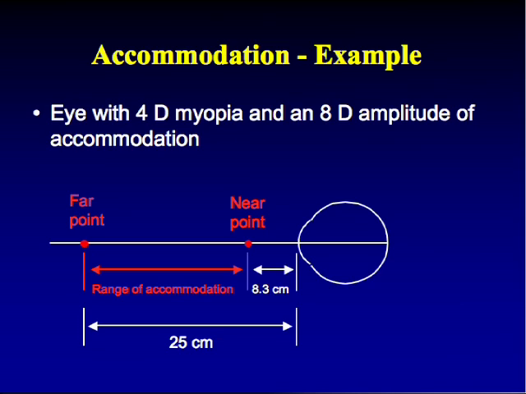So the range of accommodation of a 4 diopter myope who has an 8 diopter amplitude of accommodation is from 25 centimeters up to 8.3 centimeters away. In both cases, if you give them their proper correction for distance, then they're going to have a near point that's 1/8 diopters away, 12.5 centimeters, because that's their amplitude of accommodation.